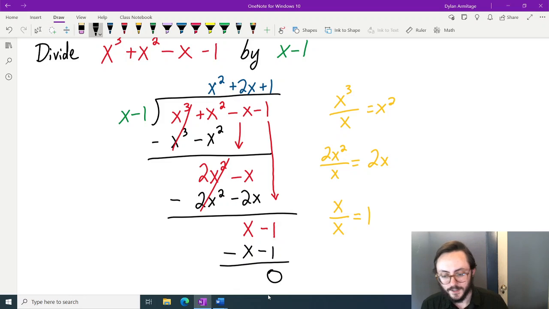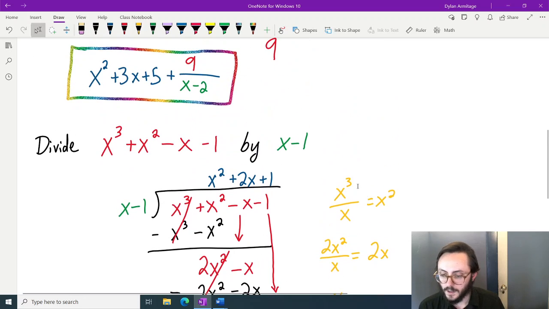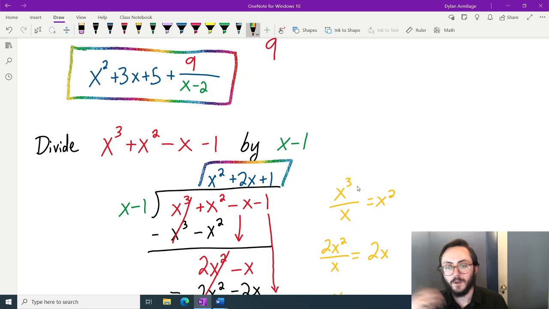So our final answer here is this. So when we divided by x minus 1, we ended up with no remainder. When we divided by x minus 2, we did have a remainder. What does it mean when we divide and end up with no remainder? That's your question.